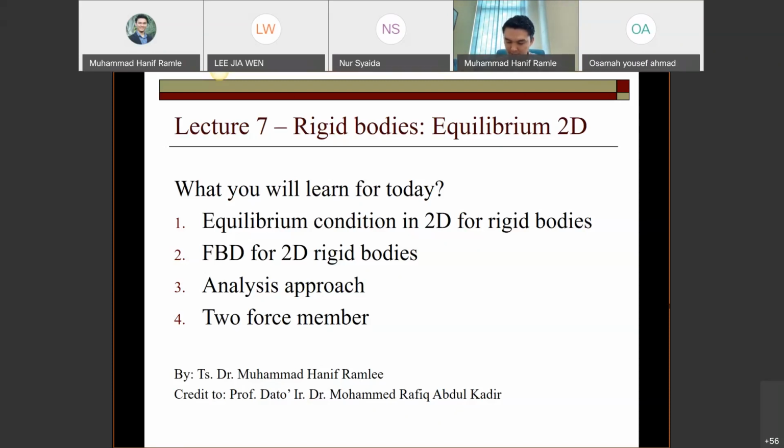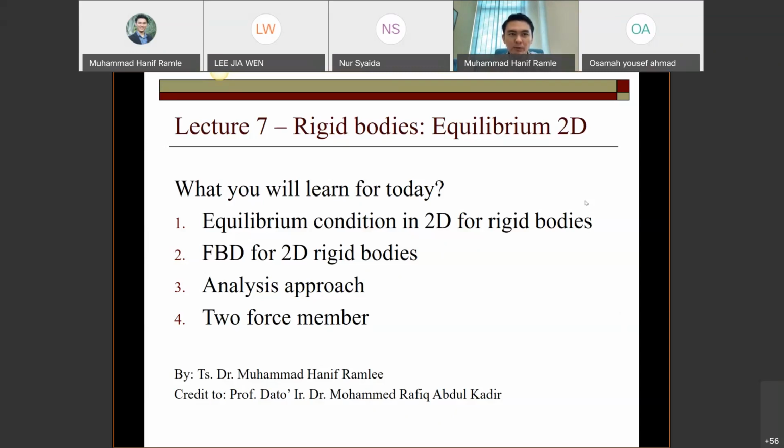Okay, let's start with the new lecture, the new topic. For today we are going to learn equilibrium 2D. Last time you learned about resultant in 2D, and this time you will learn about equilibrium 2D.